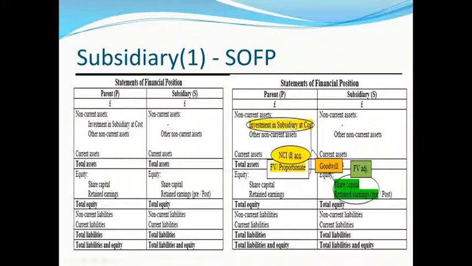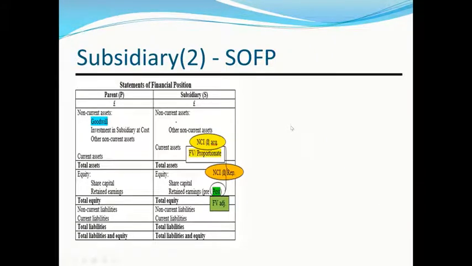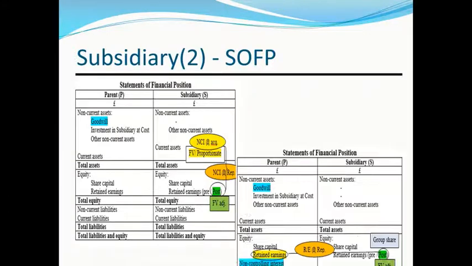Following this adjustment, we work out another adjustment, which is the non-controlling interest at reporting date. The non-controlling interest at reporting date starts with the non-controlling interest at acquisition date and adjusts this value by the post-acquisition changes in retained earnings of the subsidiary.